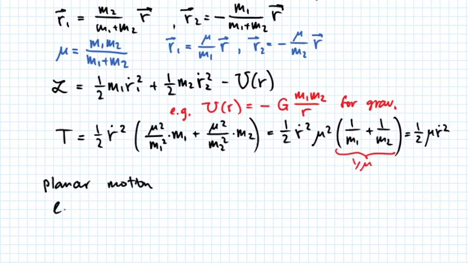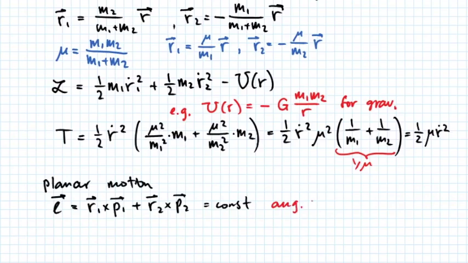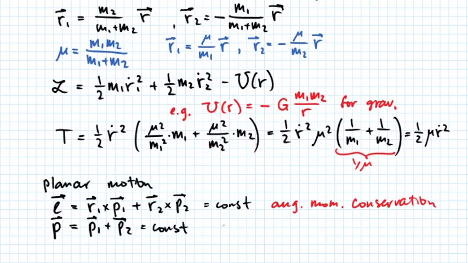Because total angular momentum, given by the angular momentum of the first particle plus the angular momentum of the second particle, is conserved, as well as total linear momentum, P1 plus P2, is also conserved.